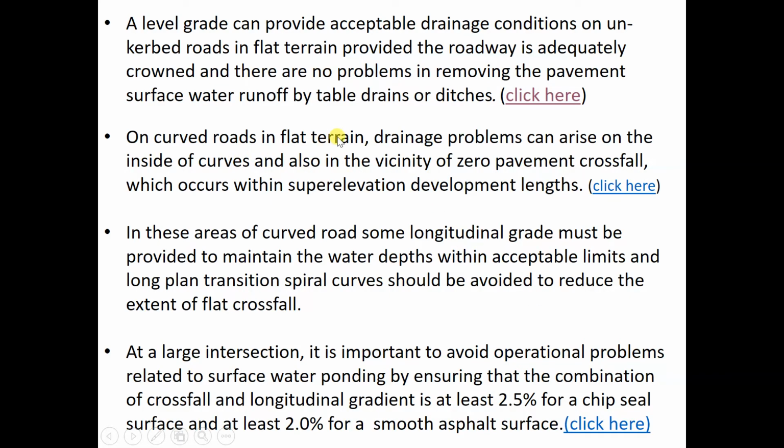On curved roads in flat terrains, drainage problems can arise on the inside of the curves and also in the vicinity of zero pavement crossfall, which occurs within superelevation development lengths. So if it's a curved road in flat terrain, there could be a problem on the inside of the curves, as well as where there is zero pavement crossfall.